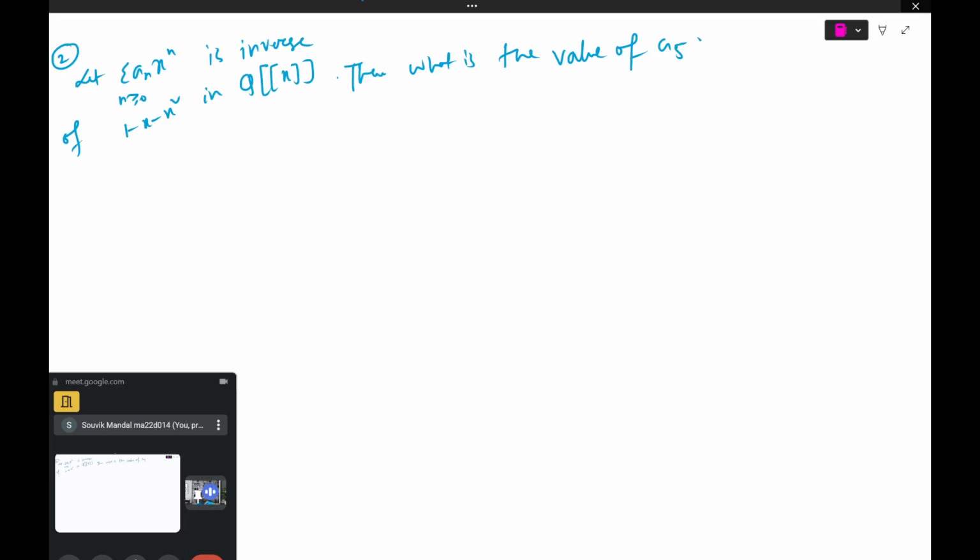So we need to use the given information, that is, 1 minus x square times (a0 plus a1x plus a2x square plus a3x cube plus a4x4 plus a5x5 plus dot dot dot) is given to be 1.